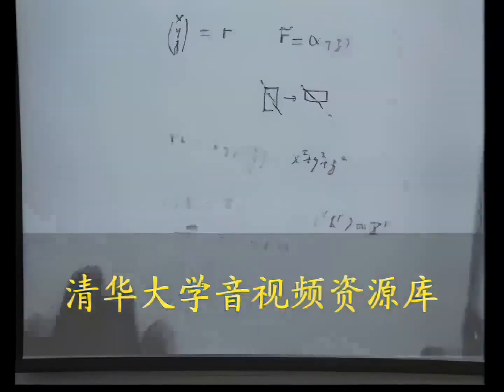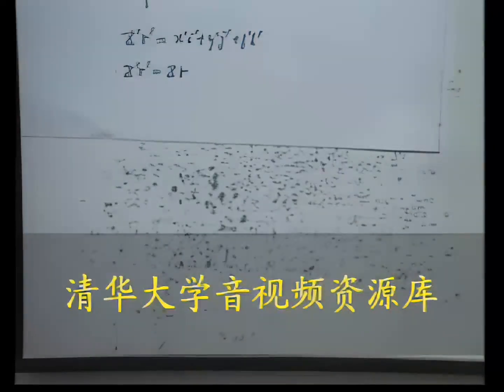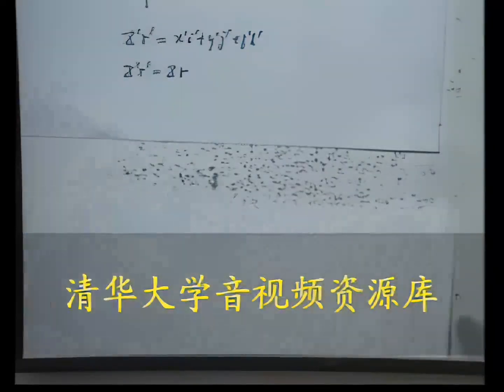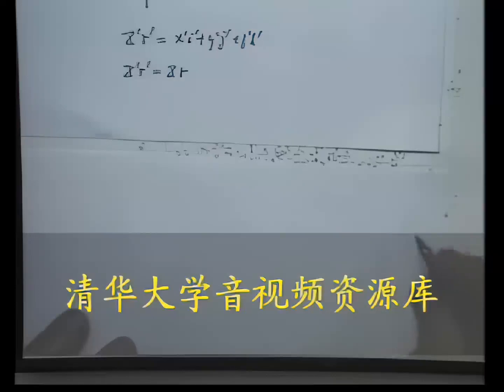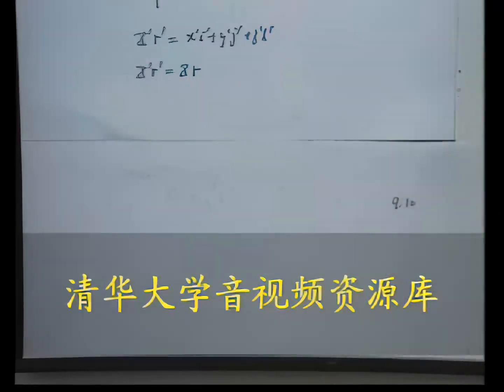That means the relationship between x prime and x, and also the relationship between r prime and r are linear.